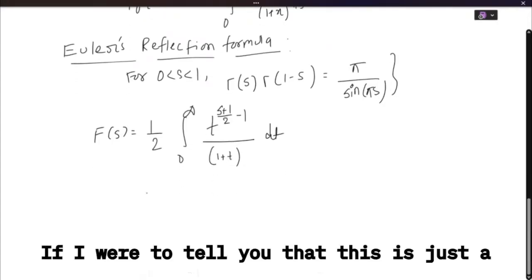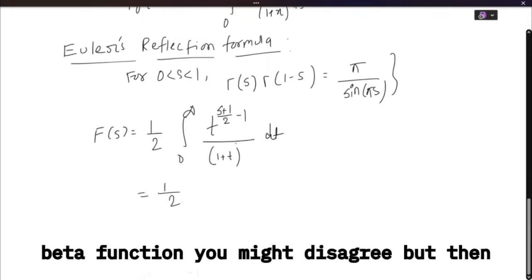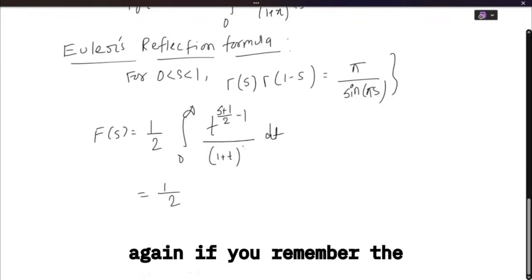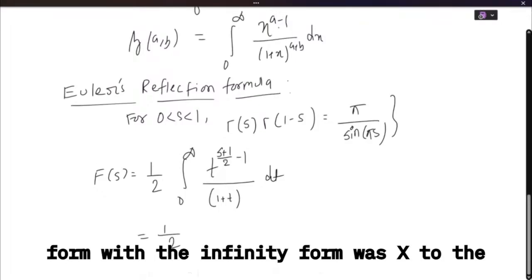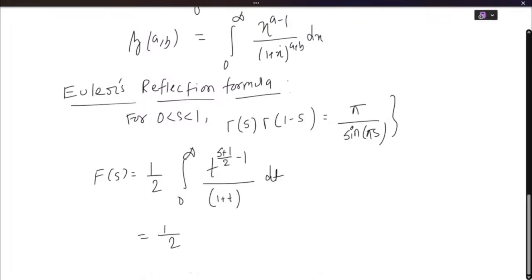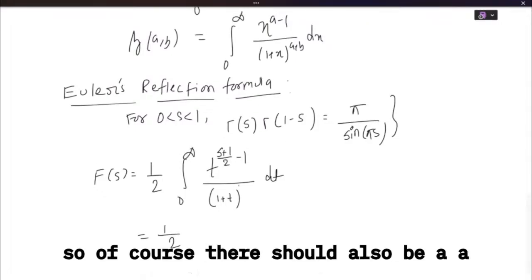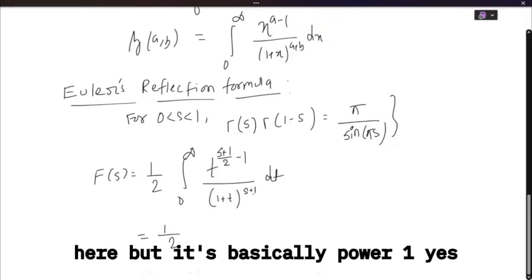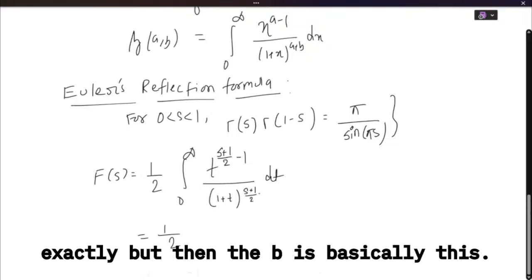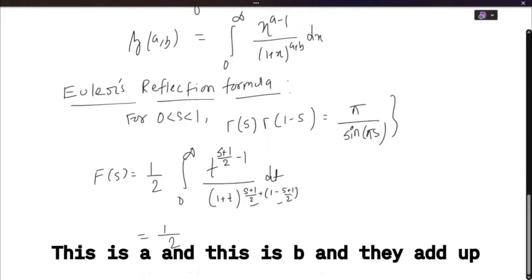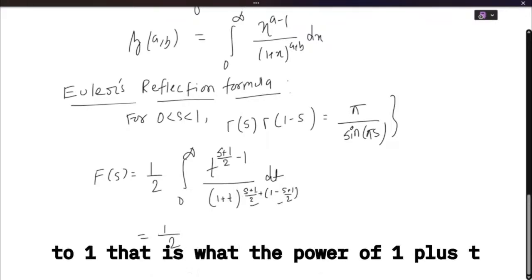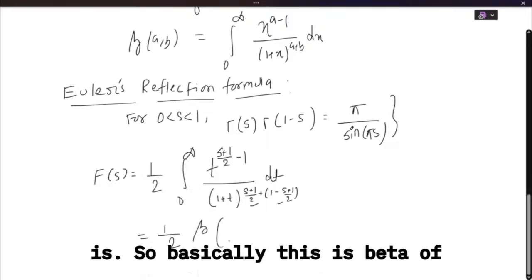Now, if I were to tell you that this is just the beta function, you might disagree, but if you remember, the infinity form was x to the power a minus 1. We have our a here, and the b is basically this. This is a and this is b, and they add up to 1. That is what the power of 1 plus t is.